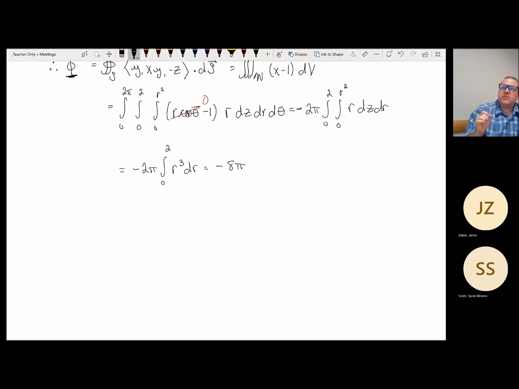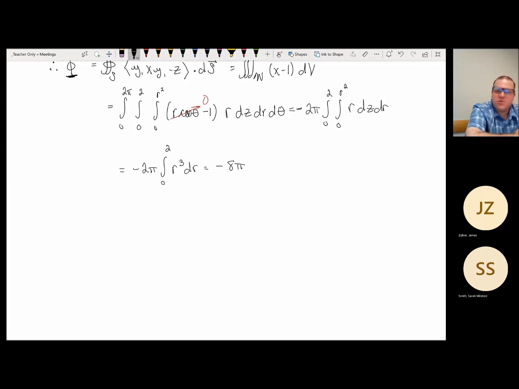What matters is, if I were to flip this order, because z depends on r, I have to do z before r. When I do theta does not matter. And again, because r does not depend on theta, I don't have to do r before theta.